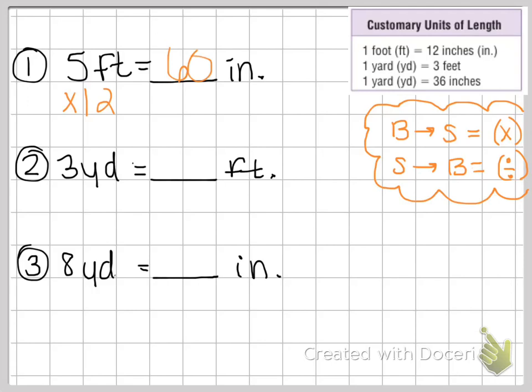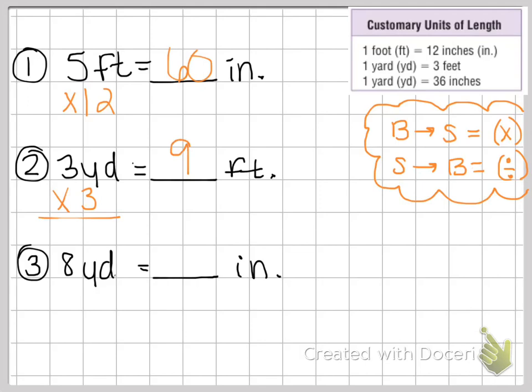All right, next one. 3 yards is equivalent to blank feet. So again, we're going from bigger to smaller. Yards are bigger than feet. So we're going to be multiplying the number of feet in 1 yard by the number of yards, in this case 3. So 3 feet in 1 yard, so in 3 of those, there's going to be 9 feet.